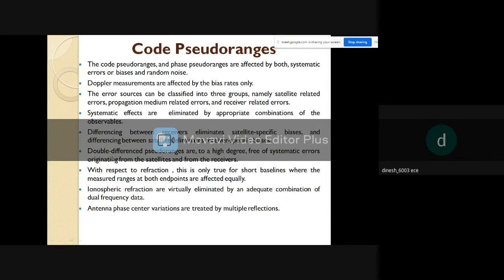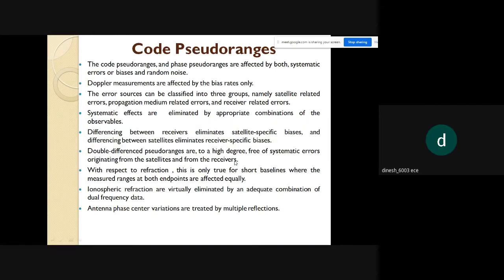Next is double differencing of pseudoranges, which is free to a high degree from systematic errors that originate from the satellites and from the receivers.